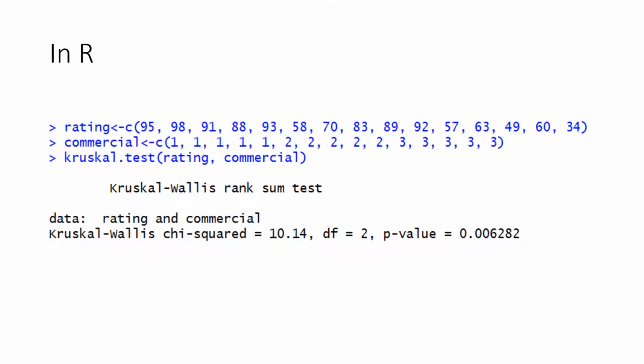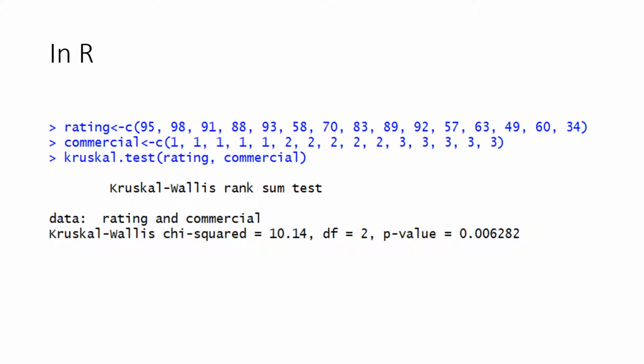In R, I would use kruskal.test. The variable with my responses in it comes next, comma, and then the variable that tells which group my values are coming from.